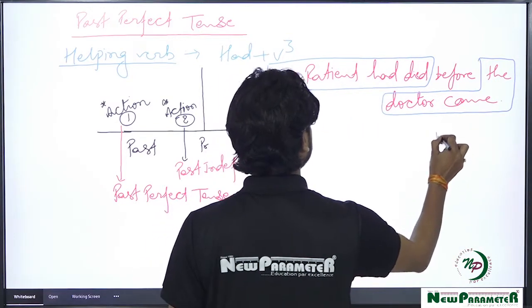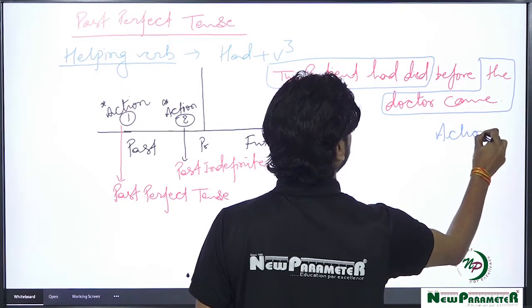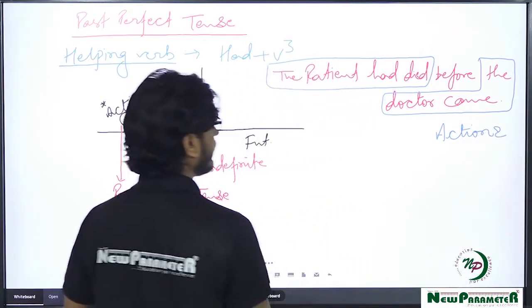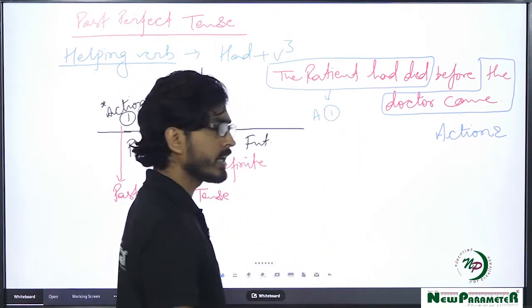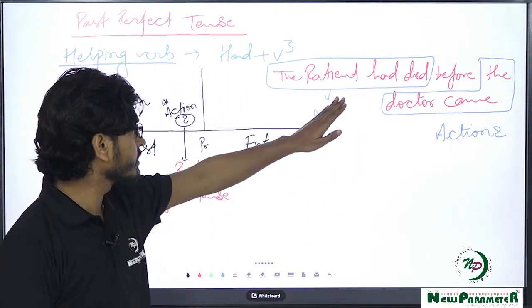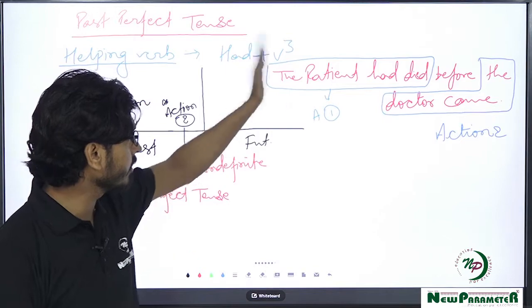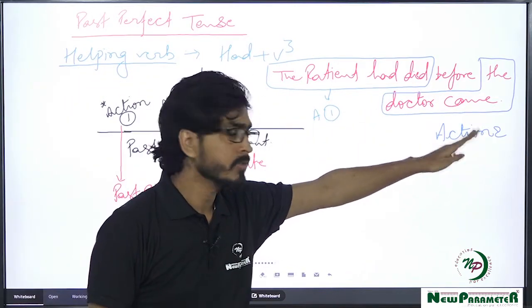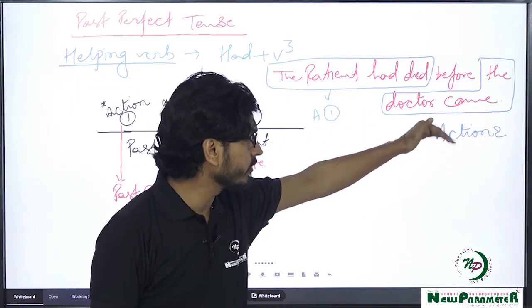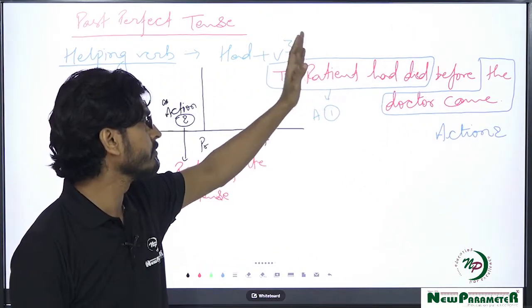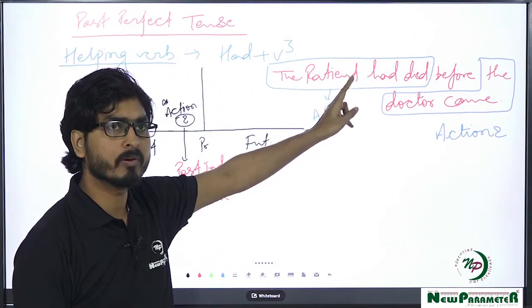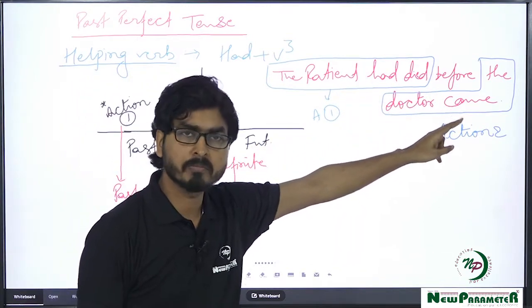This is action number 2 and this is action number 1. Not exactly the action number 1. We can say this action was done firstly and later on this action was done. So this is action number 2, means what? It was done just after. So the first action must be written in past perfect and the second one is in past indefinite.